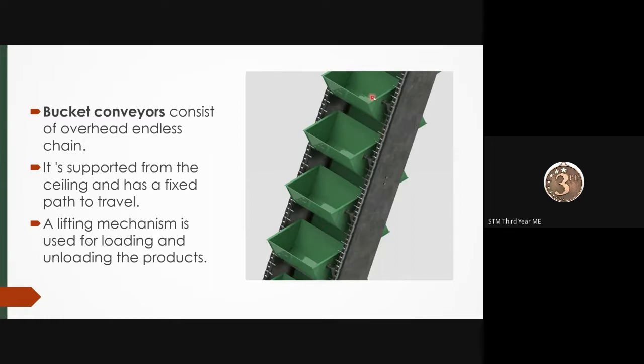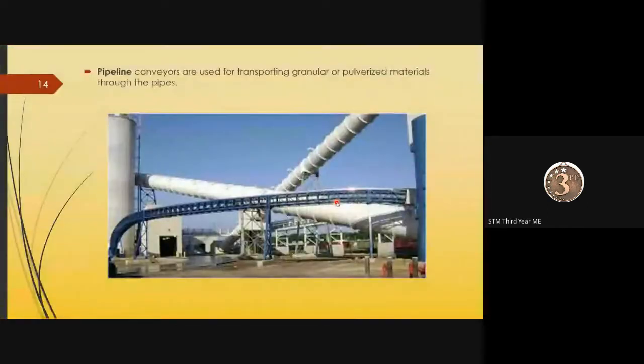This is similar to a belt conveyor, and instead of the belt carrying the material, here the bucket is responsible for carrying the material from the bottom to the top, or from top to bottom. That is what comes under bucket conveyors. And then finally come the pipeline conveyors.